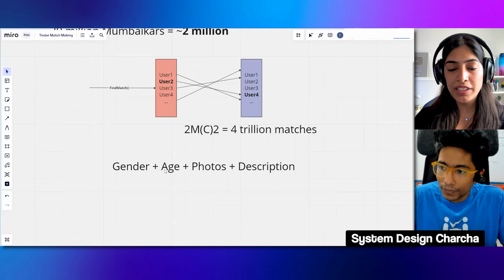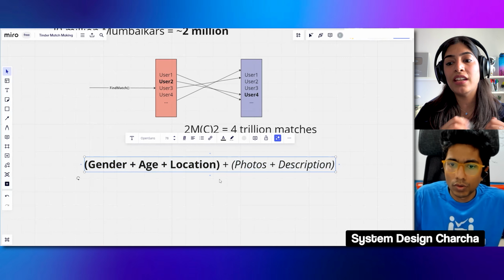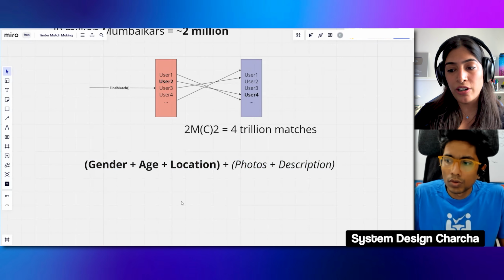Photos and description could be a secondary level of filtering. Maybe we can recommend someone who likes mountains when you like beaches, but they'll be in lower priority, but still can be recommended. Versus gender, age, and location should be absolute filters, where we will not recommend.